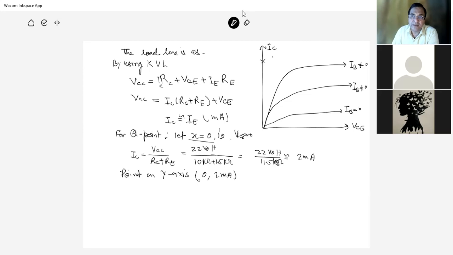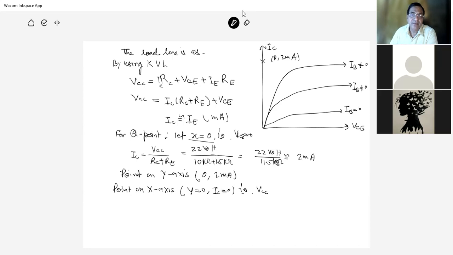This point is 0 and 2 milliampere. Point on x-axis: Y is equal to 0, that is IC is equal to 0.